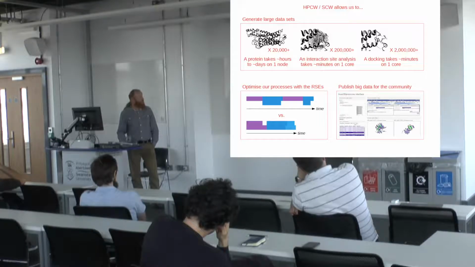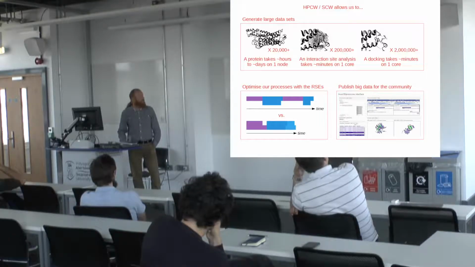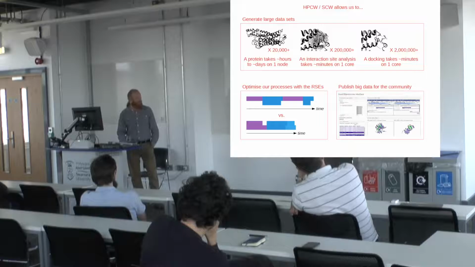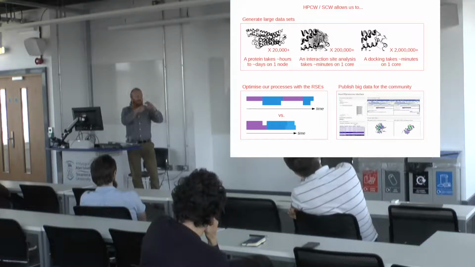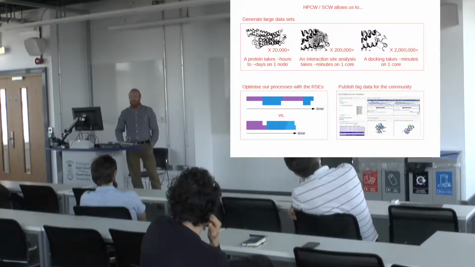So you've then got perhaps a few minutes for each interaction site to identify where those sites are. And then the next stage is docking, seeing where a small molecule will fit into a large protein structure. That again might take a few CPU minutes, but you're potentially doing that several million times if you've got thousands of chemicals against thousands of proteins.